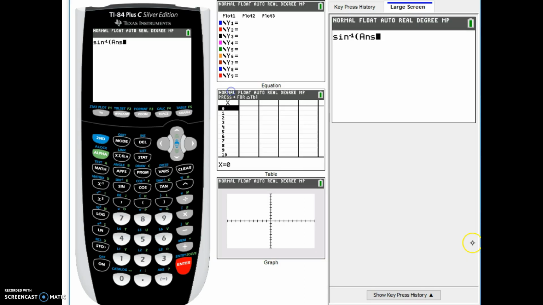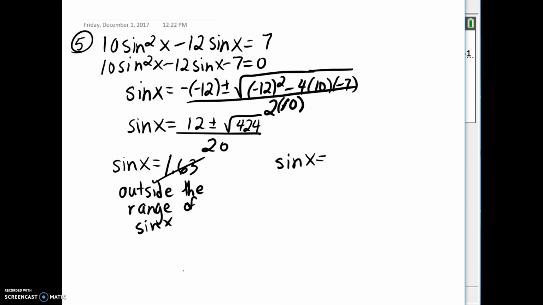And we're going to do the other calculation, which will be 12 minus the square root of 424 divided by 20. And that gives us negative 0.423429.